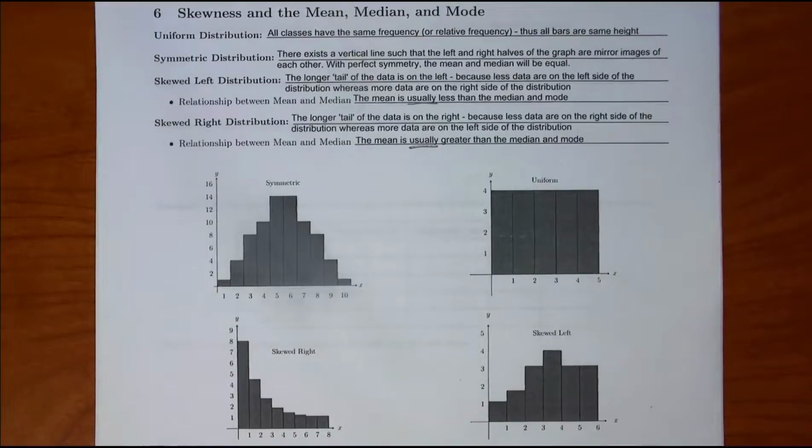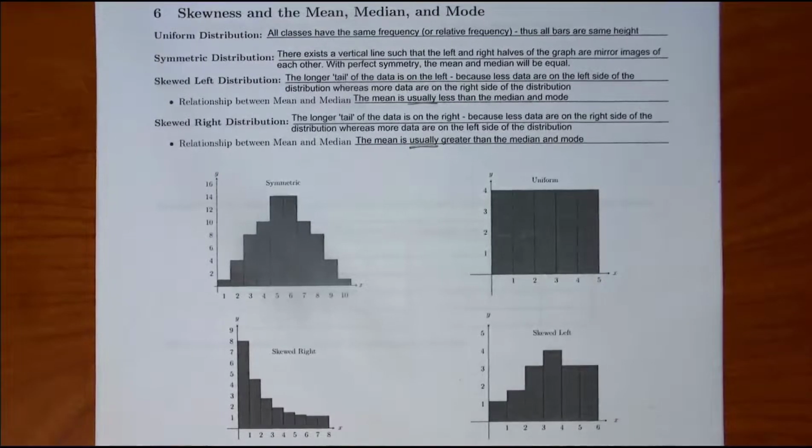That's why if you have a right-skewed distribution, the mean is usually pulled to the right. If you have a left-skewed distribution, the mean is usually pulled to the left, because the mean is easily influenced by outliers or extreme values.